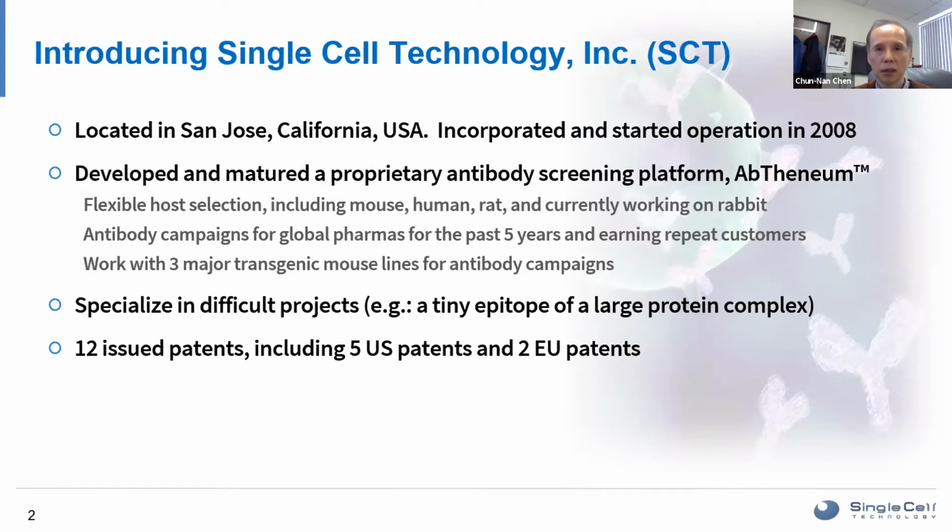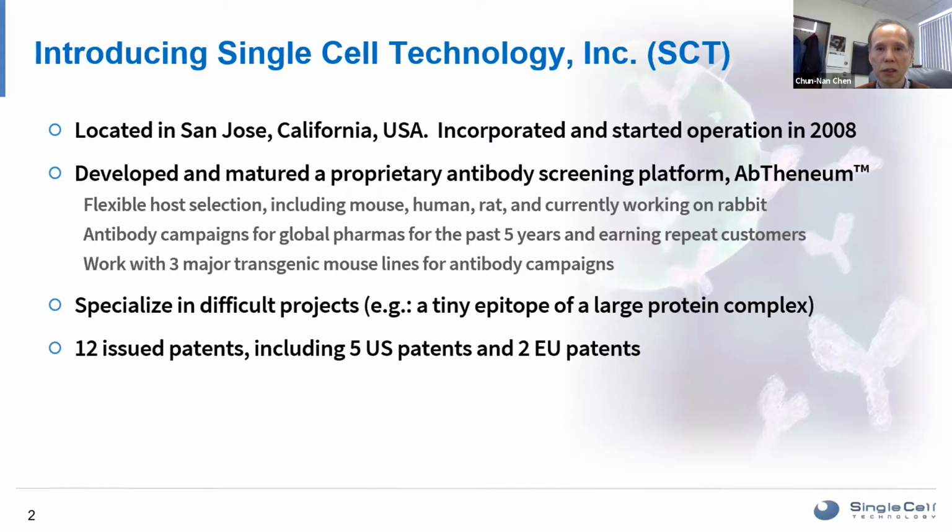We matured the platform in 2016, and we have been helping global pharmas with their antibody campaigns for the past 5 years. We have quite a few repeat customers, and many of them have already moved on to transgenic mouse lines, such as OMT, Trianni, or Alloy. So we have been working on all three major transgenic mouse lines.